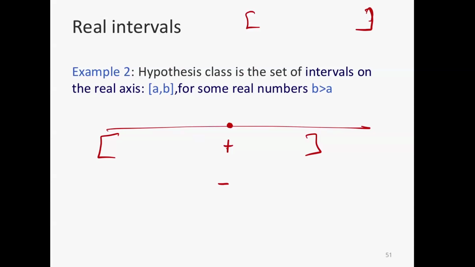If the point is labeled negative, I can put the interval outside. Only points inside the interval are labeled positive. That means this point is going to be labeled negative. So the set of intervals can shatter 1 point.